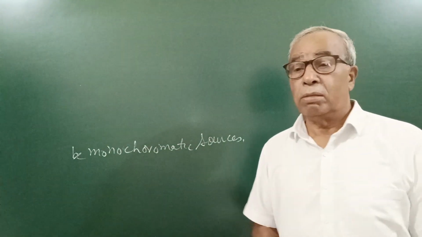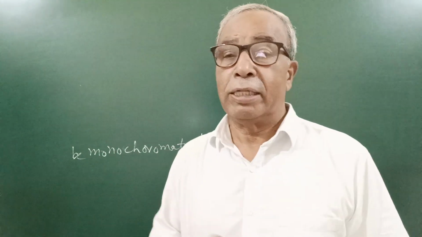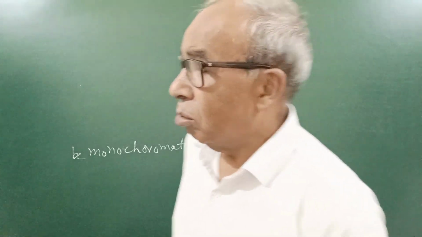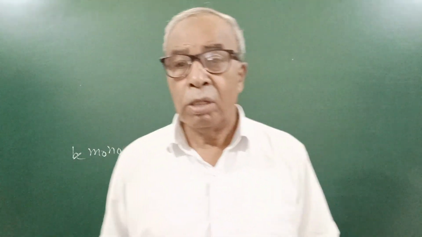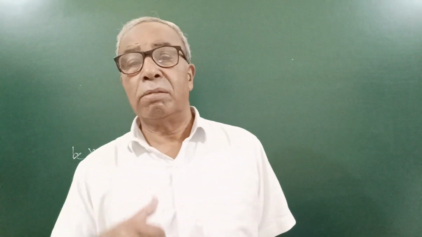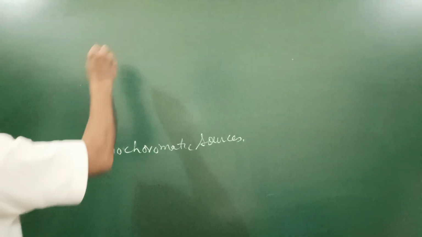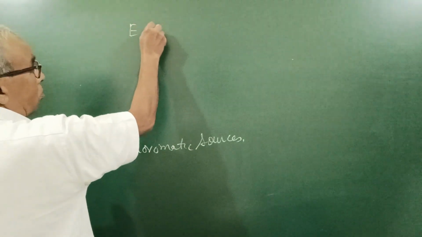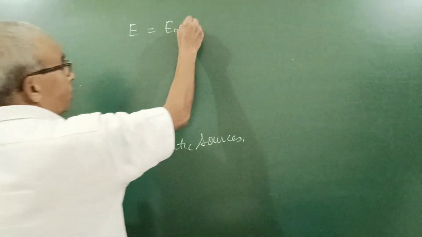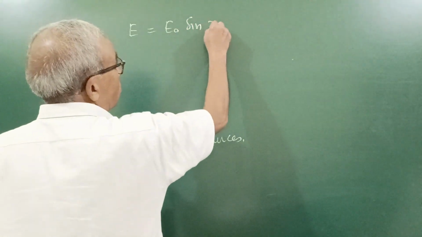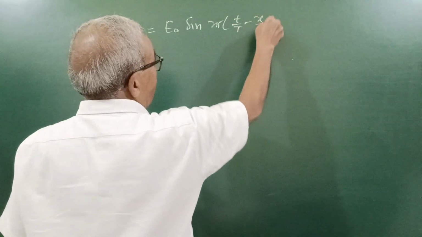They use them as electromagnetic waves when they teach polarization of light. So a lot of confusion arises in the mind of the student. So why should we not treat light as an electromagnetic wave from very early? The magnitude of the electric field of the wave is given by E = E0 sin 2π(t/T − x/λ).